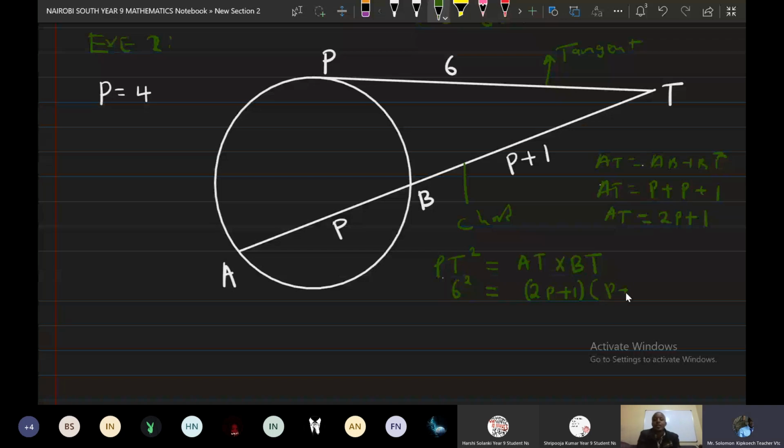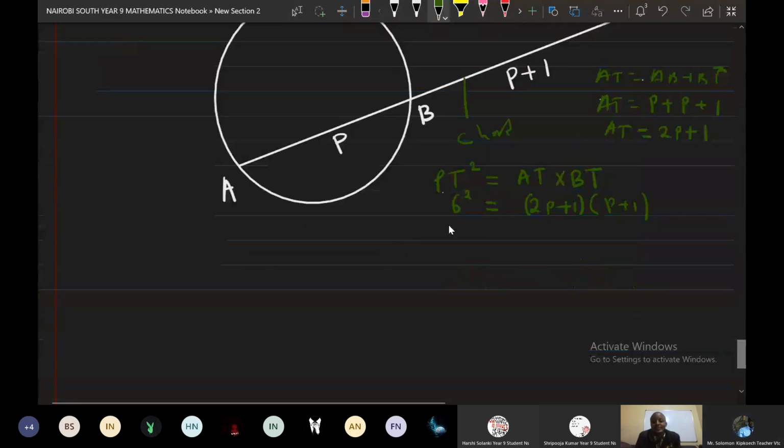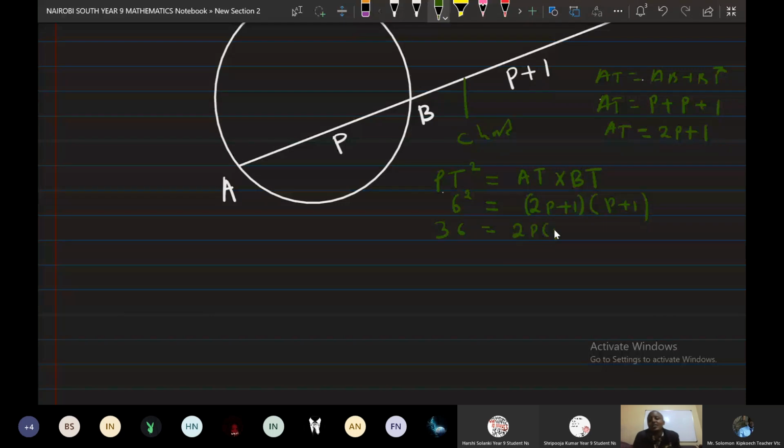Now, 6 squared is 36. And then we need to open the bracket, 2P plus 1 times P plus 1.